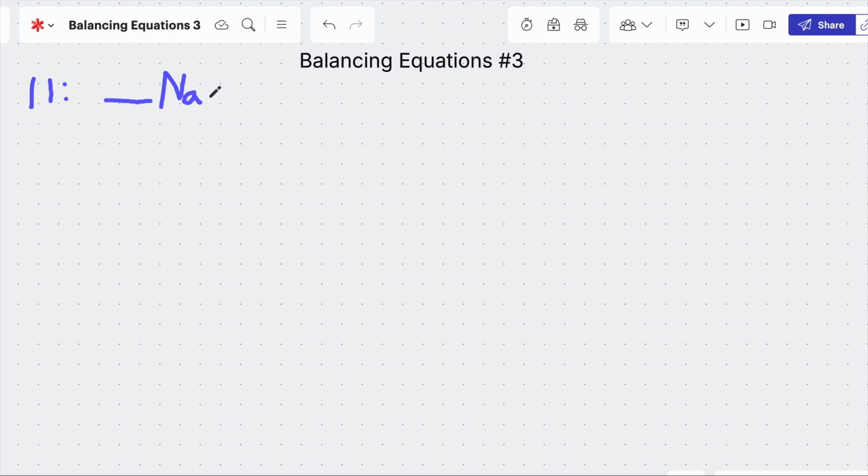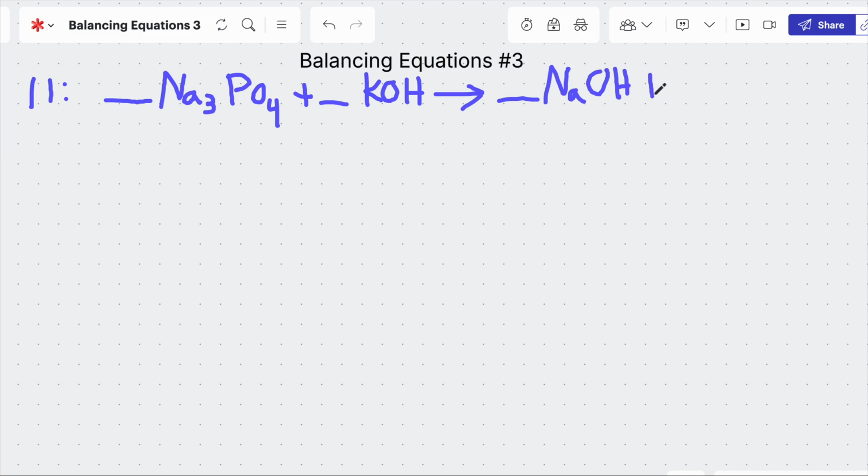So Na3PO4 plus blank KOH, potassium hydroxide, makes NaOH plus blank, I believe that's K3PO4.